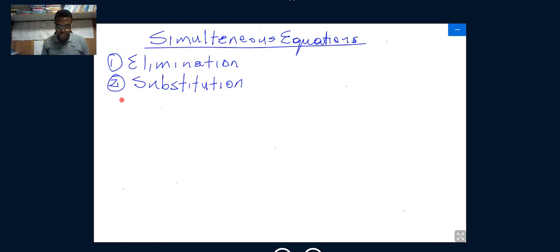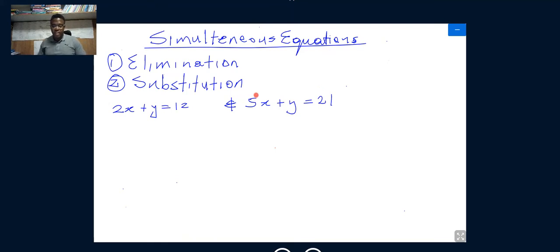I have this example: 2x plus y equals 12, and 5x plus y equals 21.